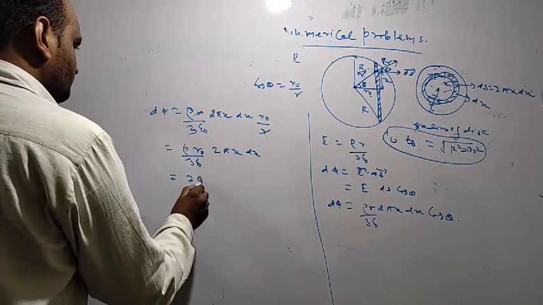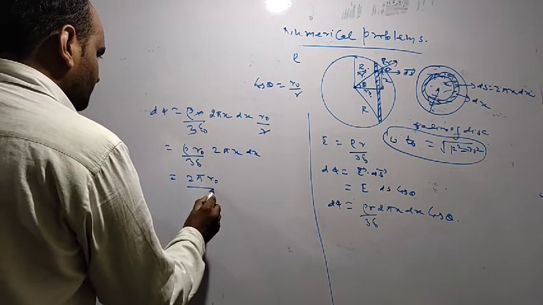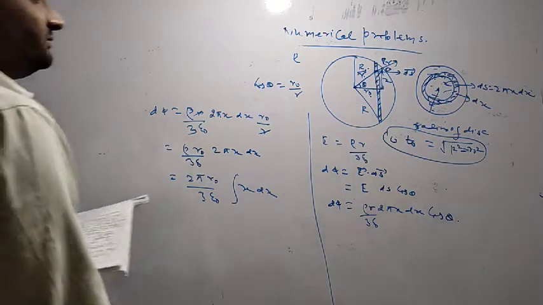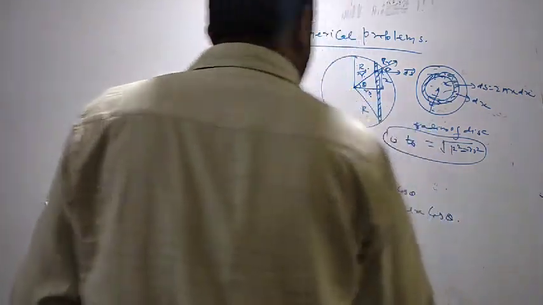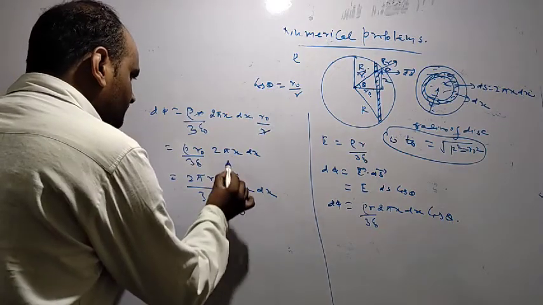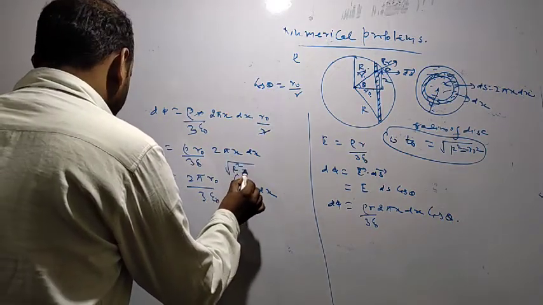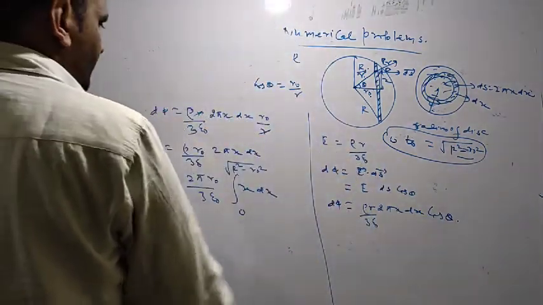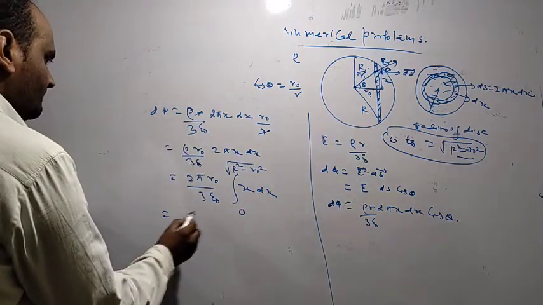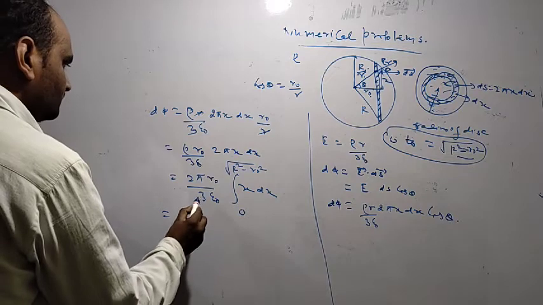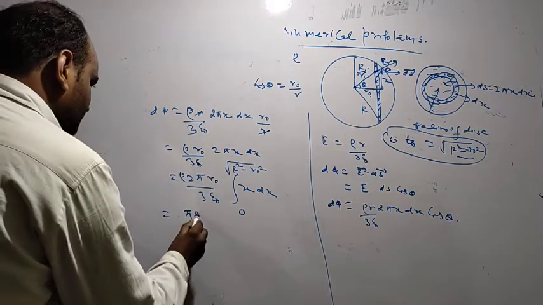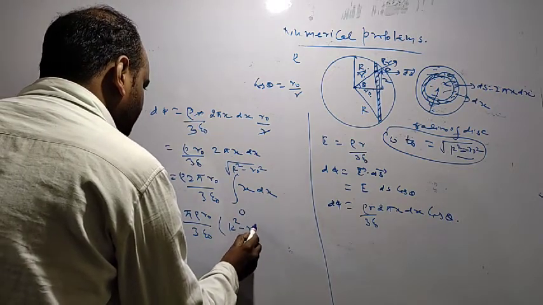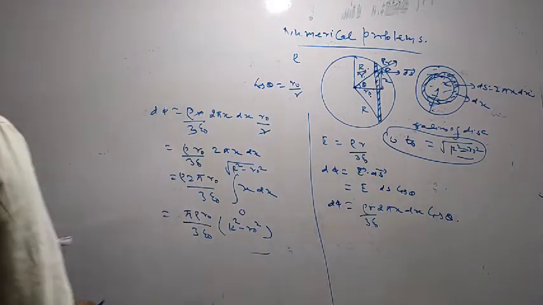So we have 2 pi rho R naught by 3 epsilon naught, integral of x dx. I think I haven't skipped anything here. Then it's going to be from 0 to under root R square minus R naught whole square, that is to this radius. Now x squared by 2, so the 2 is going to be cancelled. So I can write rho R naught by 3 epsilon naught times R square minus R naught whole square. This is the amount of flux.